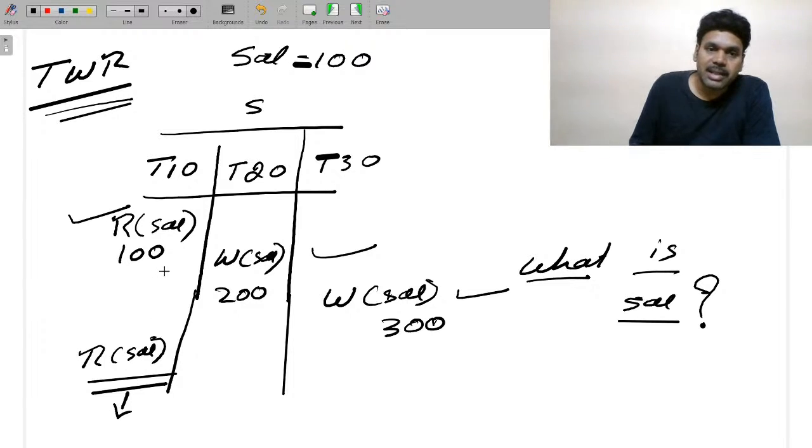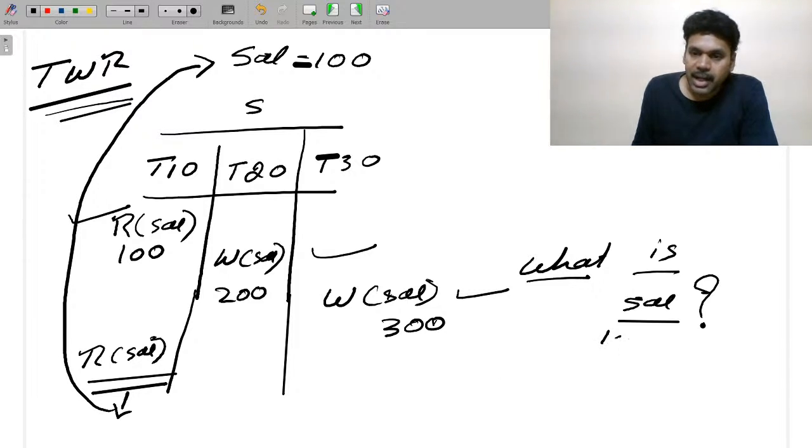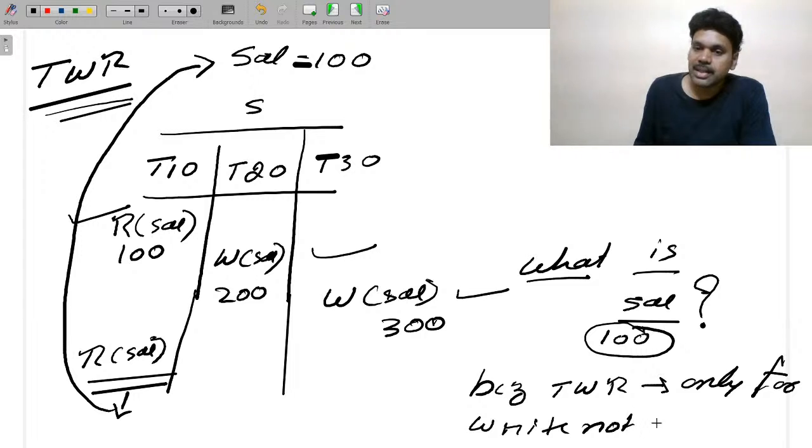Why is it 100? It is 100. Why? Because Thomas Write Rule is only for write, not for read.